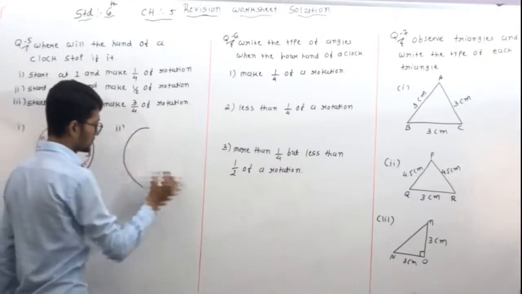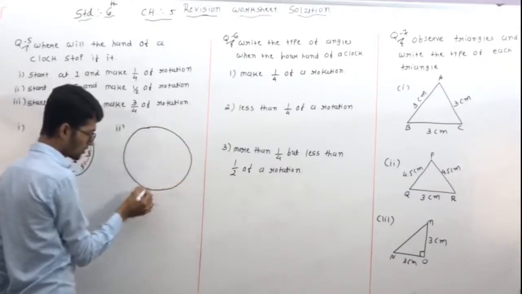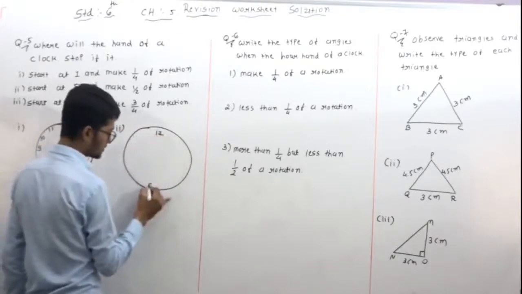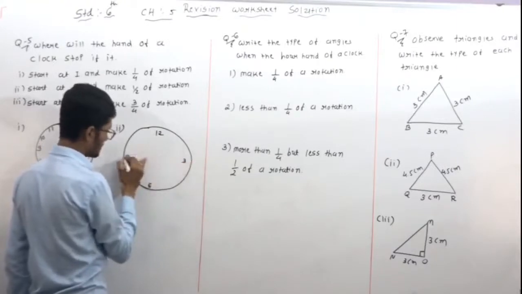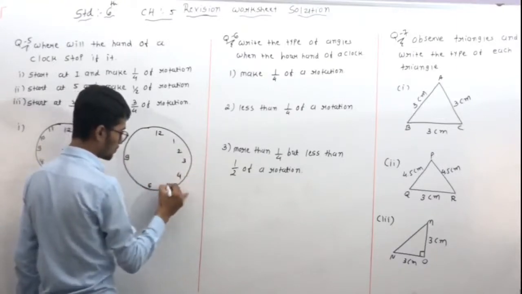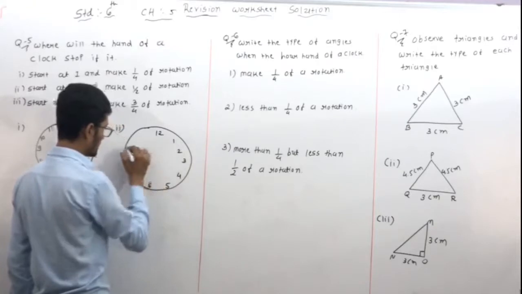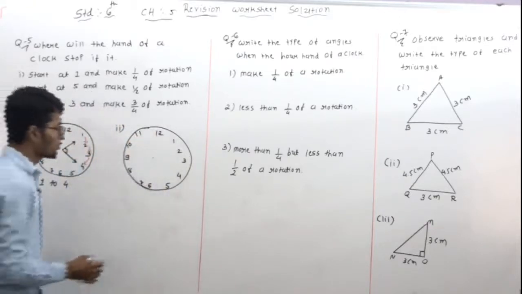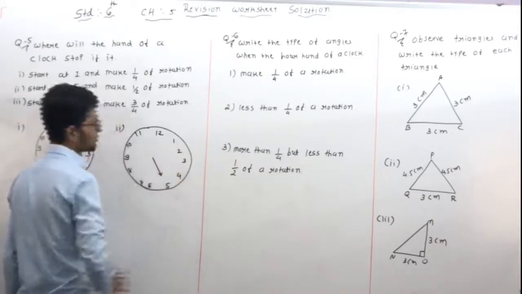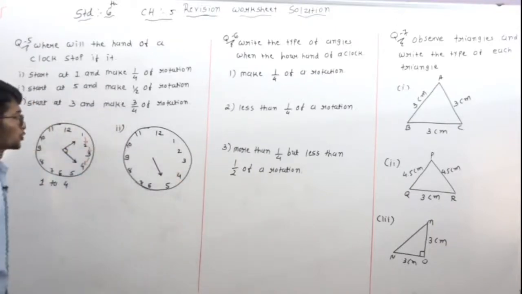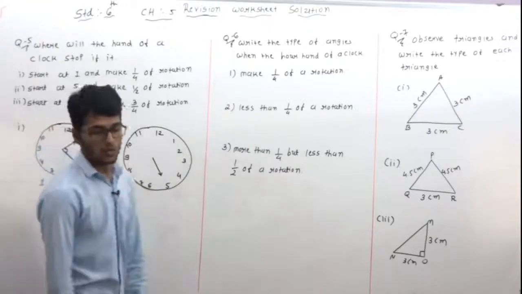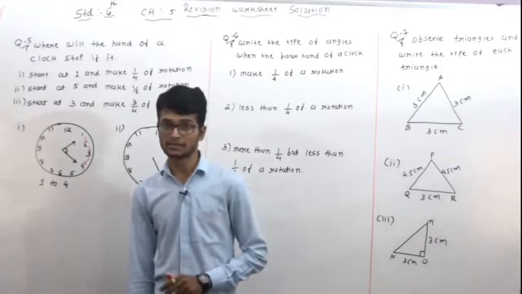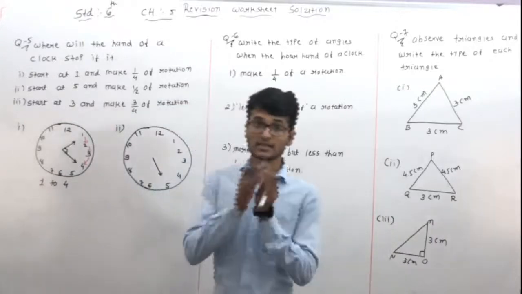So again draw one clock. 12, 6, 3, 9, 1, 2, 4, 5, 7, 8, 10 and 11. First of all, starting at 5 and a 1/2 rotation. 1/2 means 180 degrees, and 180 degrees is a straight line.